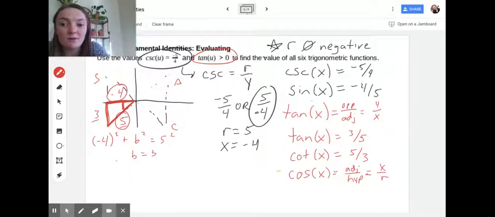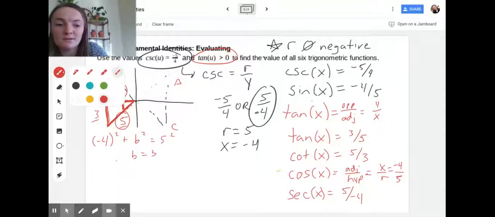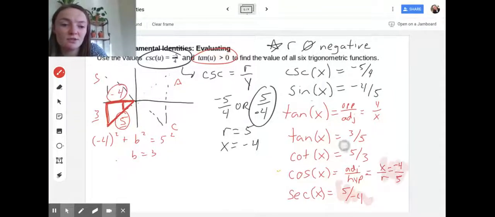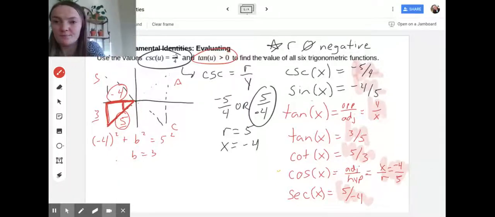To find its reciprocal, secant, all I need to do is flip the numerator and the denominator, so I'm going to get 5 over negative 4. These are all of my solutions for the trig functions if I know that cosecant is equal to negative 5/4 and tangent is greater than 0.